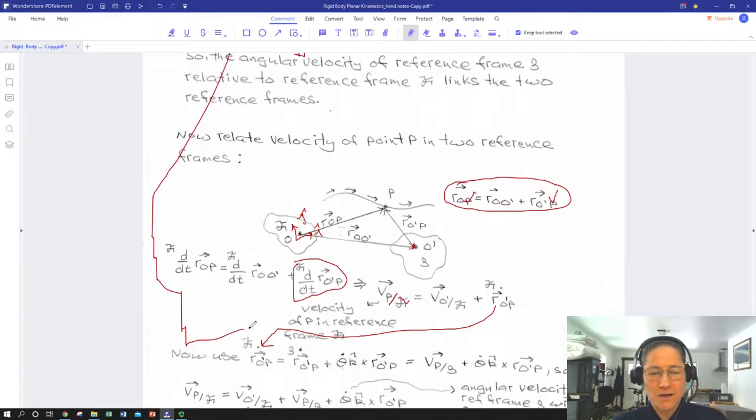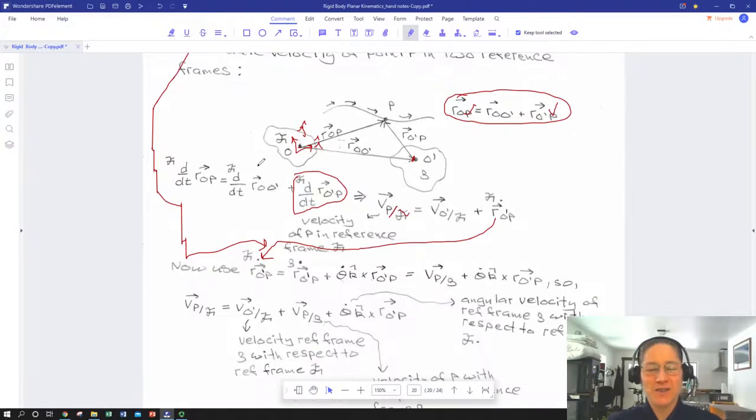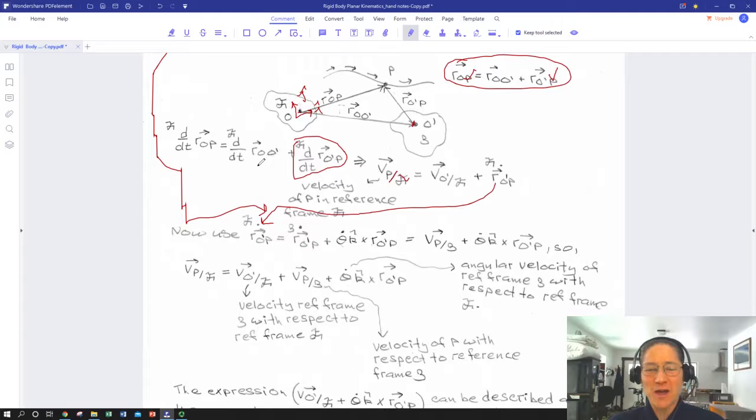As I scroll along, we're going to invoke that equation that we just derived and see if there's some better way of expressing this, because we can't do a lot with this r prime p time derivative with respect to a reference frame that doesn't involve really P or O prime. Okay, well, let's use our other expression that says we could say that this is the first time derivative of our O prime P with respect to the B reference frame.